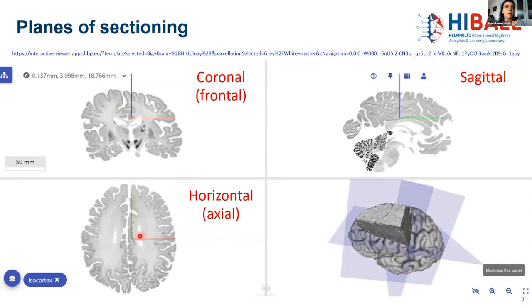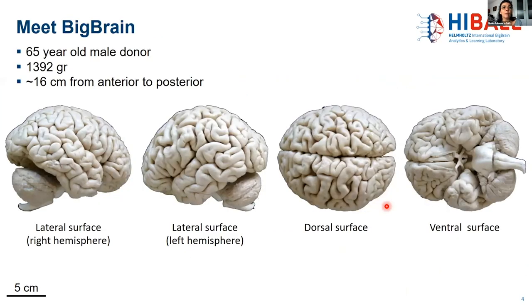Now, if you've already been working with BigBrain, you'll probably be familiar with this data set, but today I'd like you to meet a slightly younger version of BigBrain. These are photographs of BigBrain that were taken before it was processed to create the 3D volume that you always work with. So you can see that BigBrain was obtained from a 65-year-old male donor.